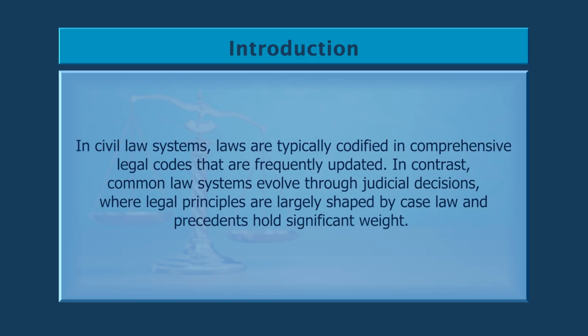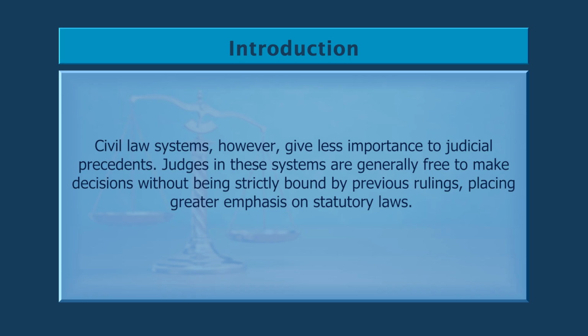In civil law systems, laws are typically codified in comprehensive legal codes that are frequently updated. In contrast, common law systems evolve through judicial decisions, where legal principles are largely shaped by case law, and precedents hold significant weight. Civil law systems, however, give less importance to judicial precedents.